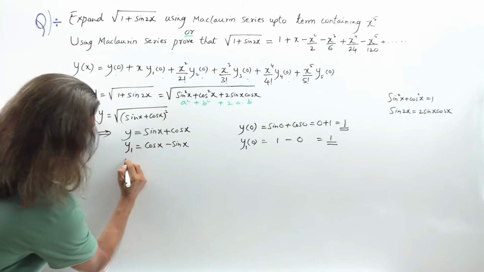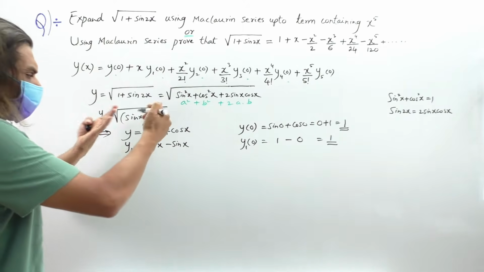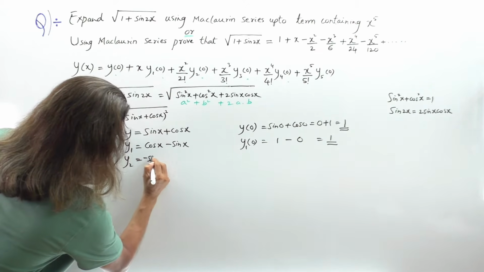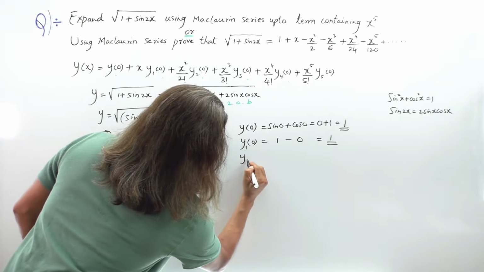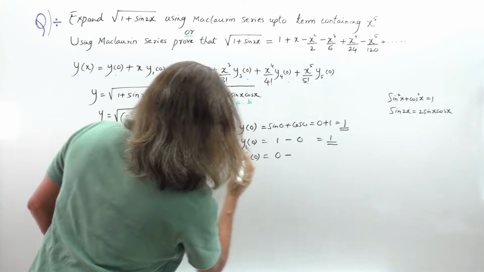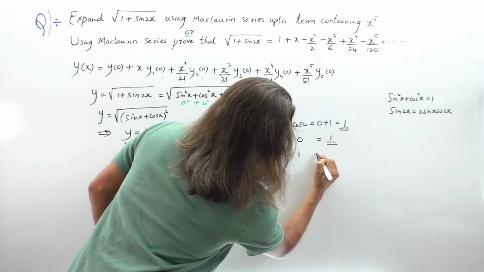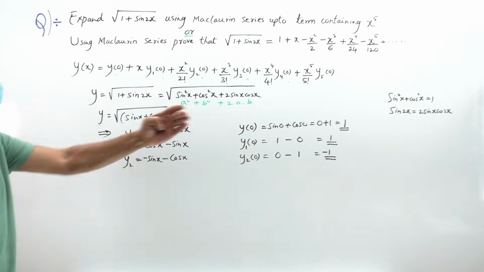Next, we have y2 is equal to, see how easy it goes. Again, the differential of cos x is minus sin x and of minus sin x is minus cos x. So, we have y2 of 0 is equal to minus 0 minus cos 0 which is 1, that is minus 1.